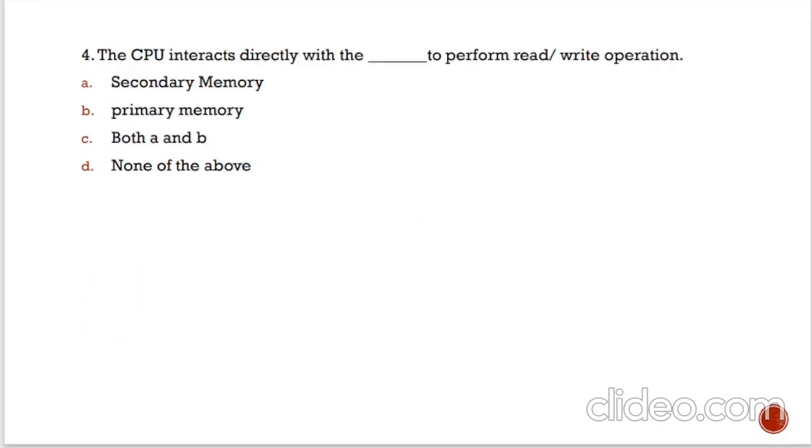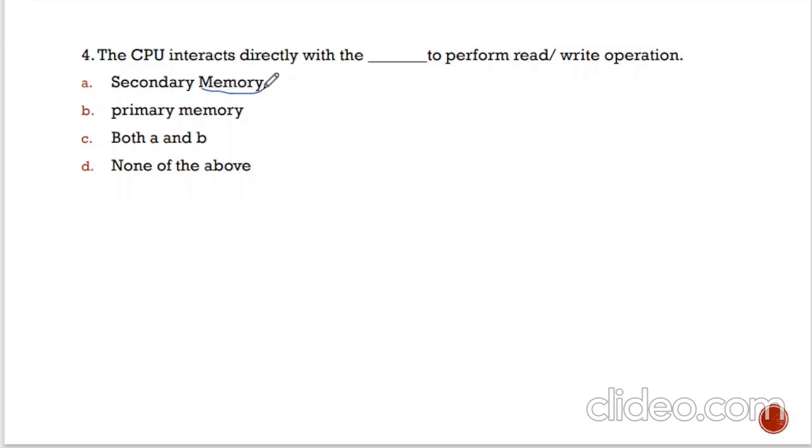Next question. The CPU interacts directly with the dash to perform read or write operations. Whenever we want to process something, or access something from the computer, obviously the data will be stored in memory devices.